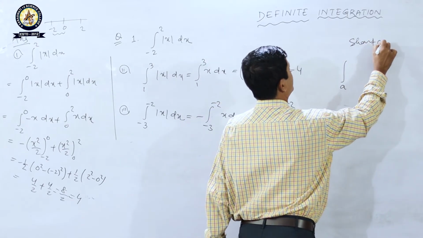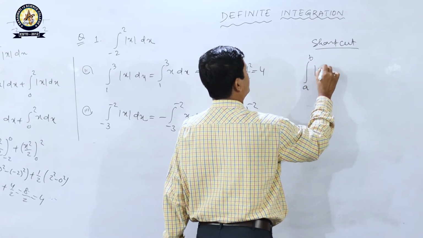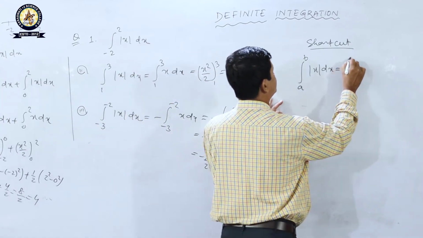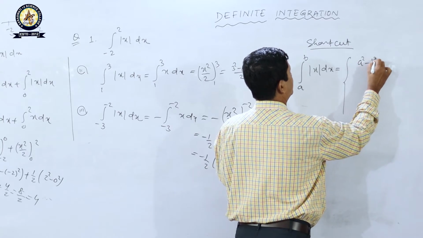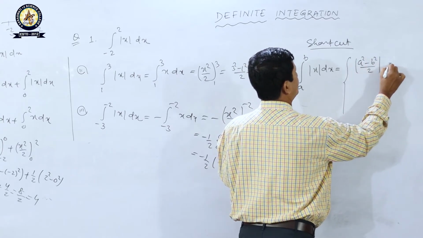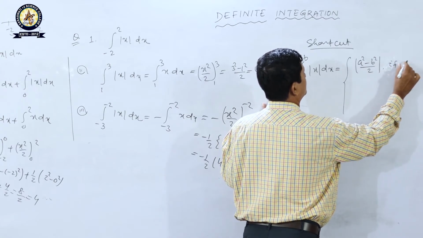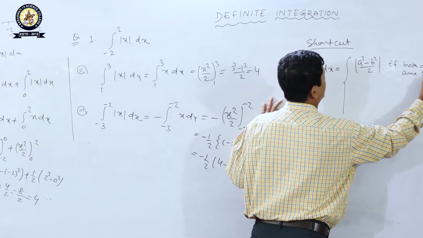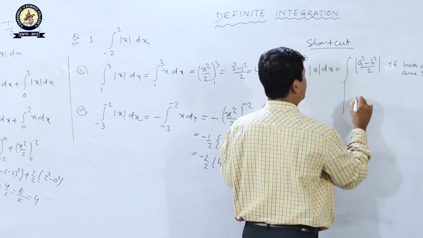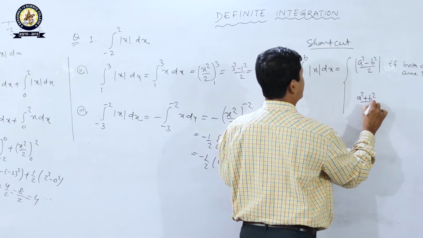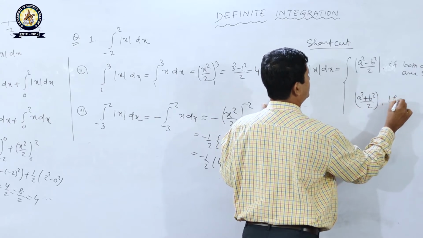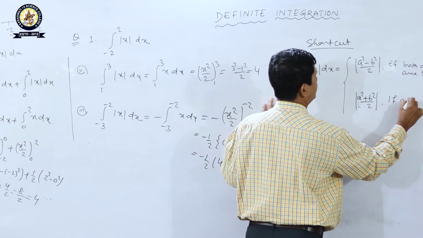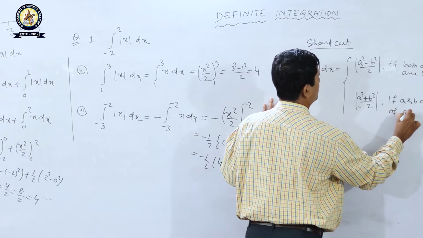Shortcut: the integration of a to b of mod x dx equals a square minus b square by 2, whole modulus, if both a and b are of the same sign, and it is a square plus b square by 2 if a and b are of opposite sign.